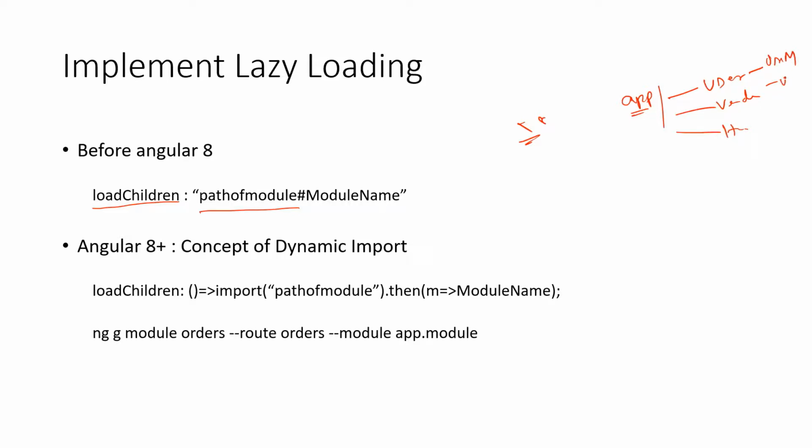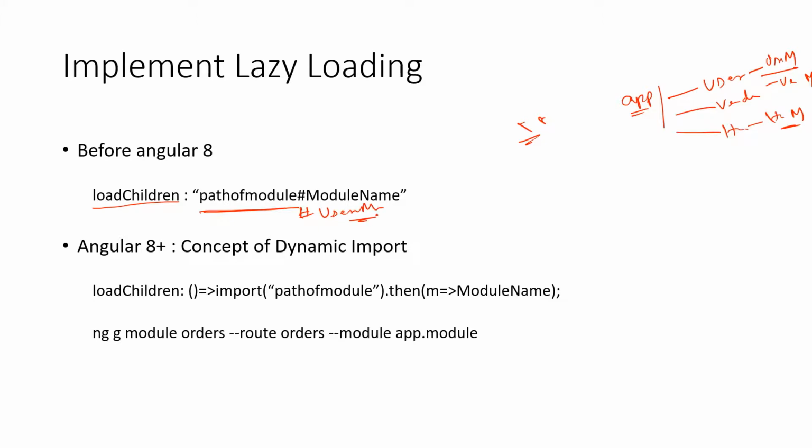Here you have the vendor module, and here you have the home module. So you have to define the path of the module here, and you have to define the module name, like UserModule. Like this you have to define.